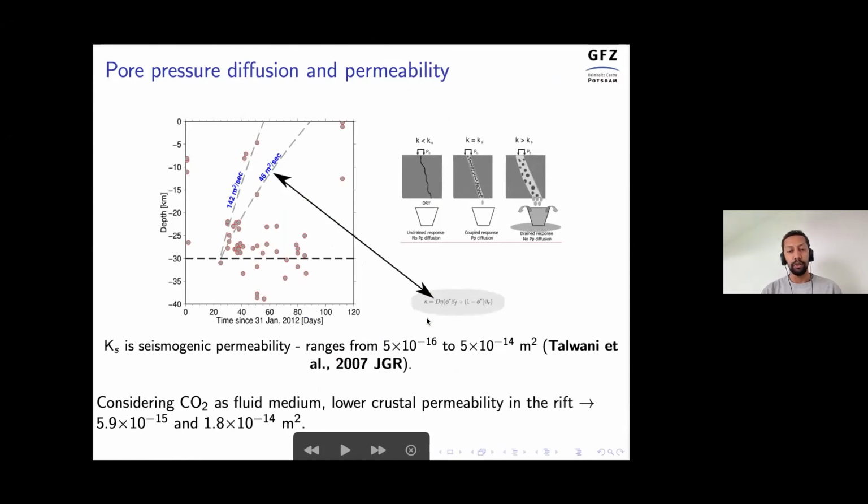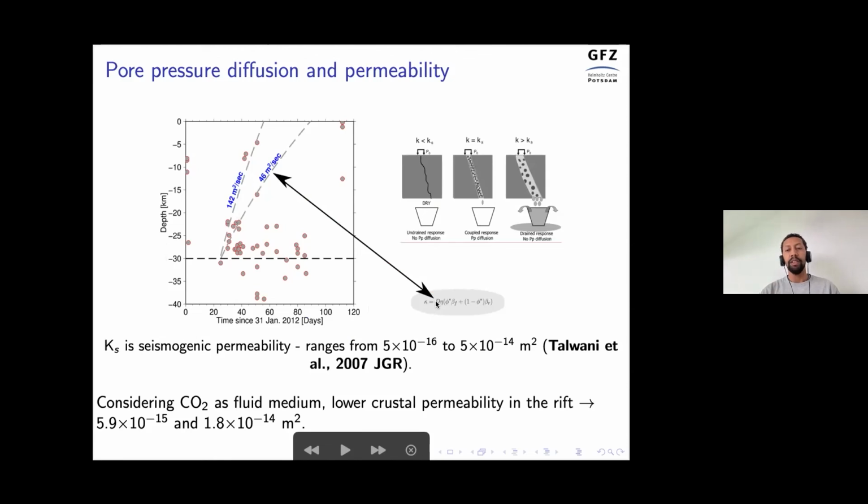In order for this fluid migration to induce seismicity, this value has to be within the range of the so-called seismogenic permeability. So we use the time since seismicity started and the distance over which it propagated, we quantified these two values, and we simply plug them in here to estimate the permeability.